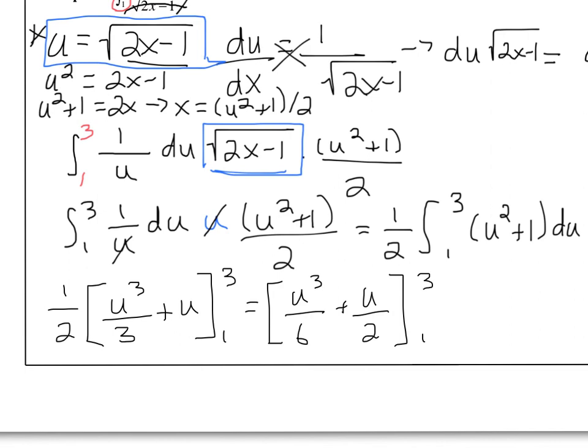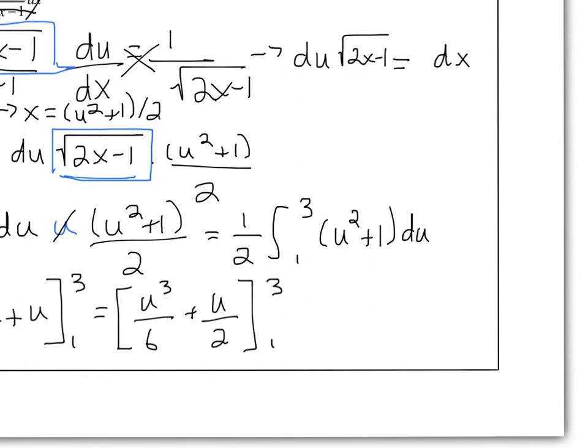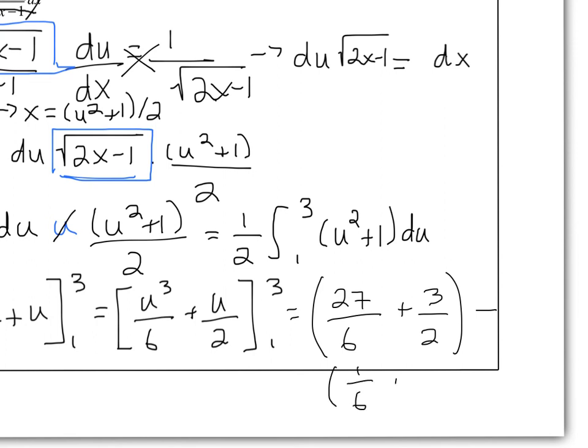Just like in the last problem, I am running out of room, but I'm going to do my best. When u is 3, I'm going to get 27 over 6 plus 3/2, minus 1/6 plus 1/2.